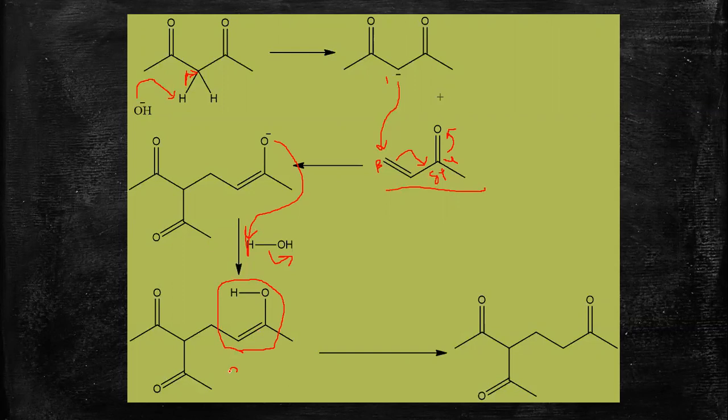This moiety is called an enol, which on tautomerization, bond shifting occurs like this, and after tautomerization we get a 1,5 dicarbonyl compound, or a 1,5 dioxygenated pattern, in the final product of Michael addition. 1, 2, 3, 4, 5. This is the final product we have for Michael addition.